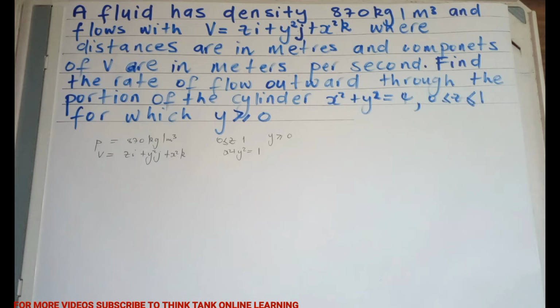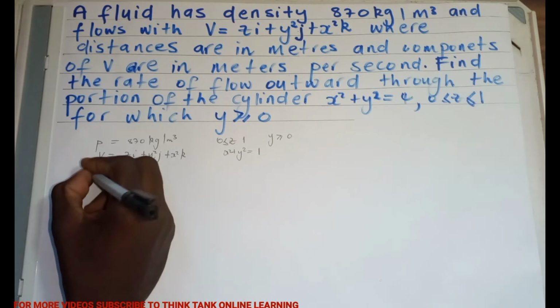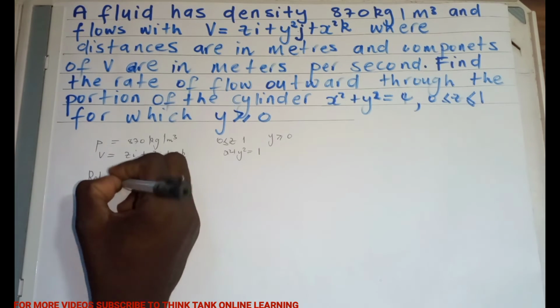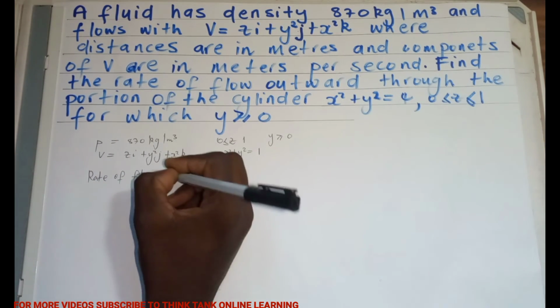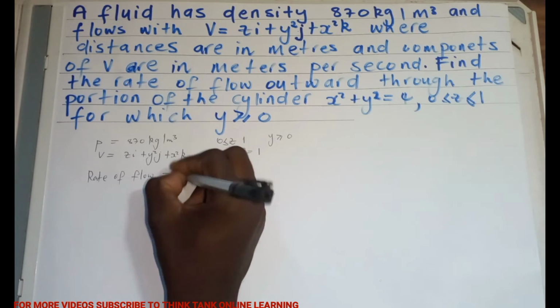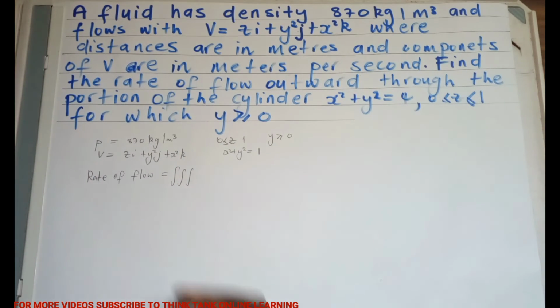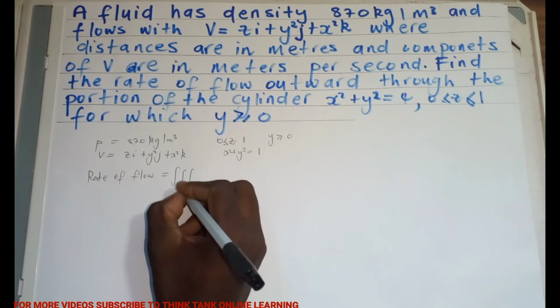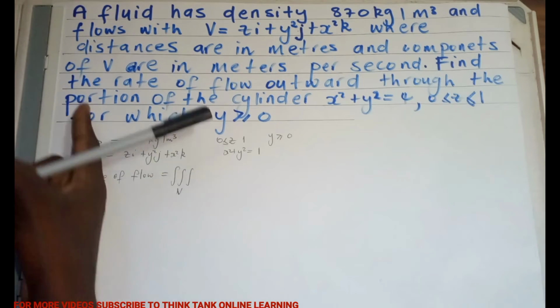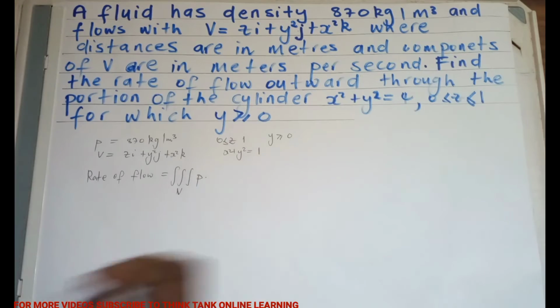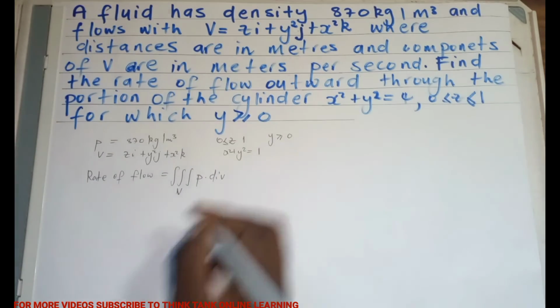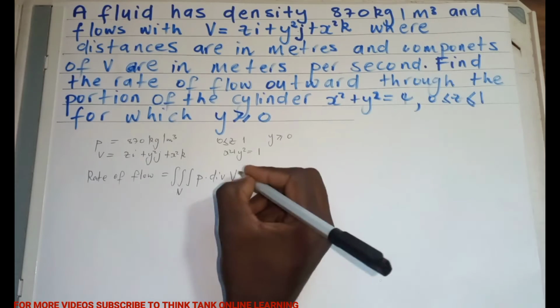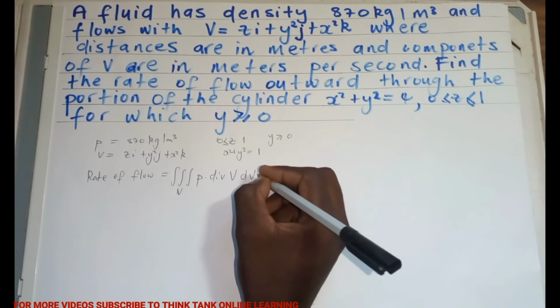So we're going to use the divergence theorem. The rate of flow is going to be the triple integral over V of the density times the divergence of the velocity dV.